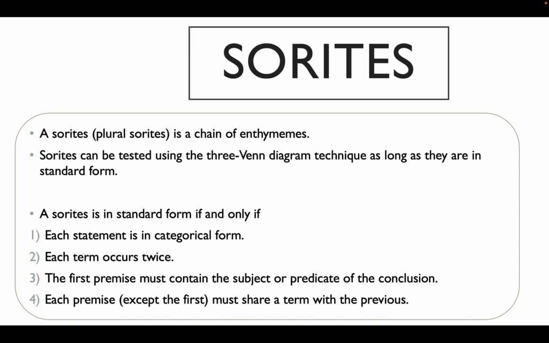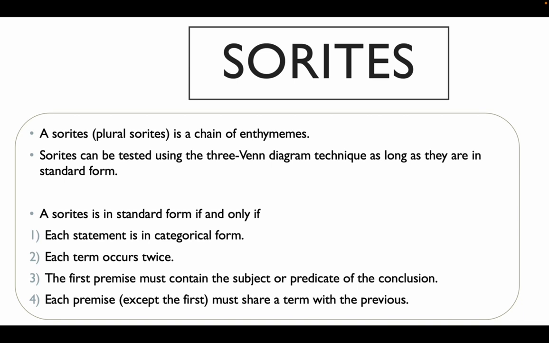By the way, the word Sorites is singular and plural. The plural of Sorites is still Sorites. But what is a Sorites? It is a chain of enthymemes. Do you remember what enthymemes are? Enthymemes are arguments that are missing a statement, either a premise or a conclusion.